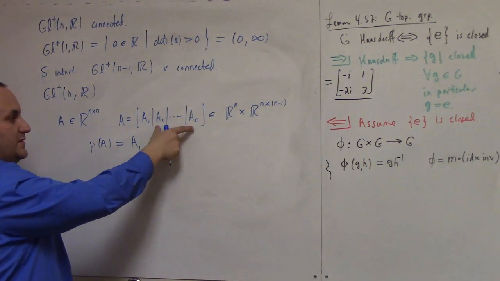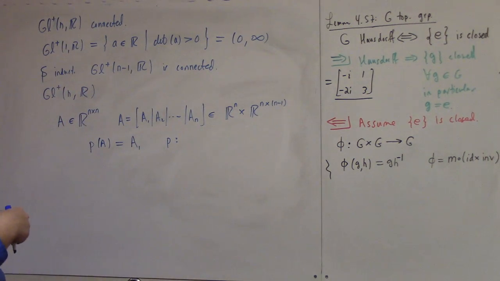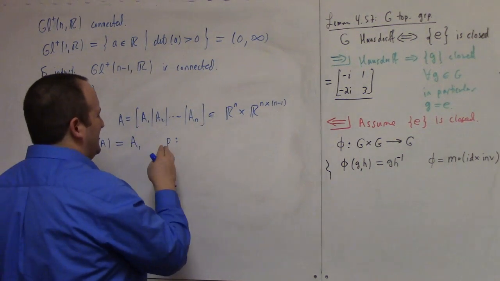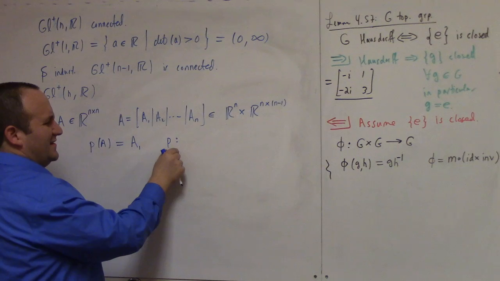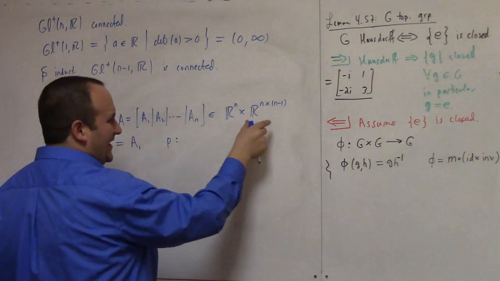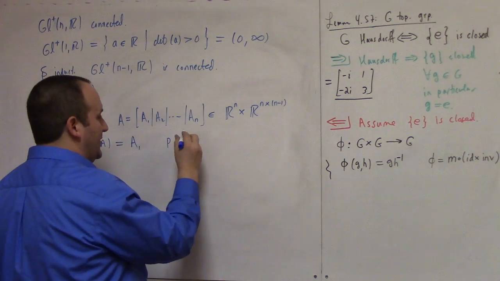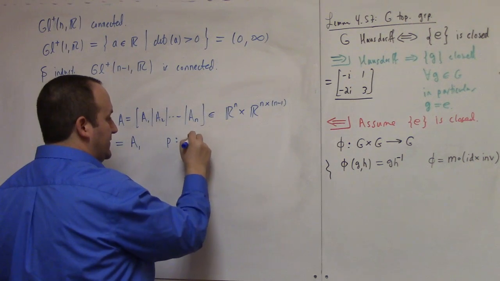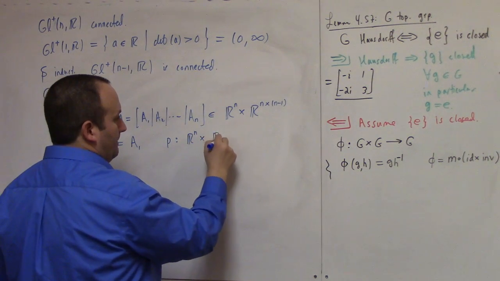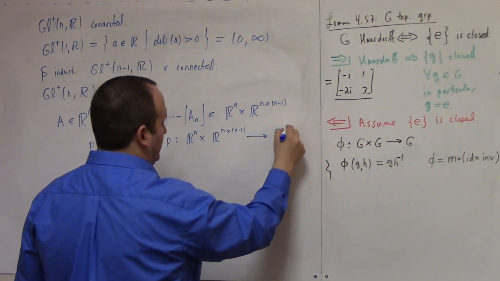I suppose he could have developed a theory of projections for more than two factors too, he just hasn't bothered. Left to my devices, I would say P is a mapping from the Cartesian product of R^n with itself n-fold times. To me that's more natural, but whatever. So P is a mapping from this Cartesian product to its first component, a projection onto the first component.